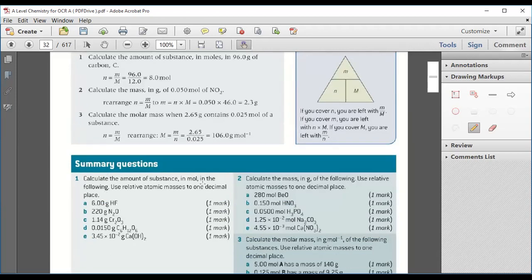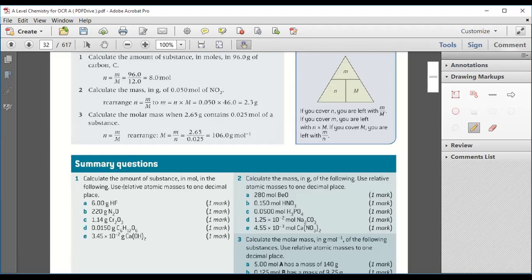Now see this question. Calculate the amount of substance in mole in the following. Use relative atomic masses to 1 decimal place. 6 gram of HF. Now HF means hydrogen and fluorine. So you know what is the atomic mass of fluorine?